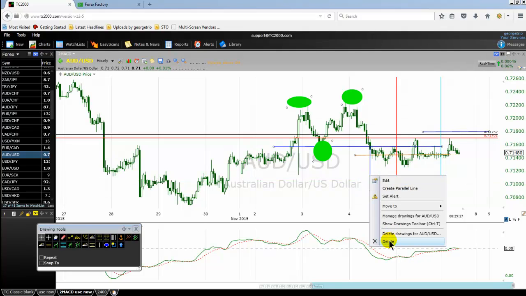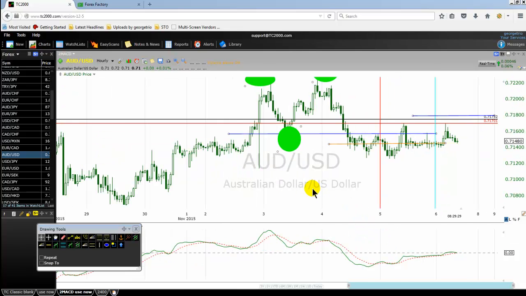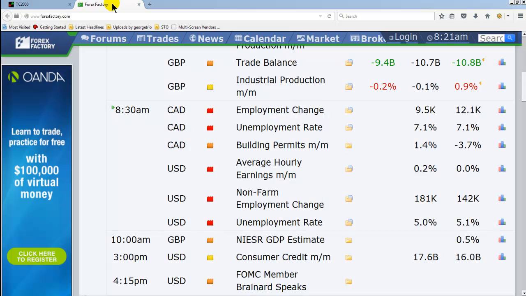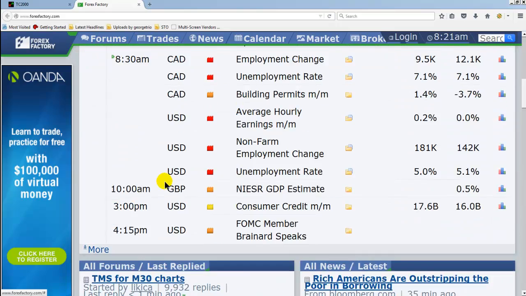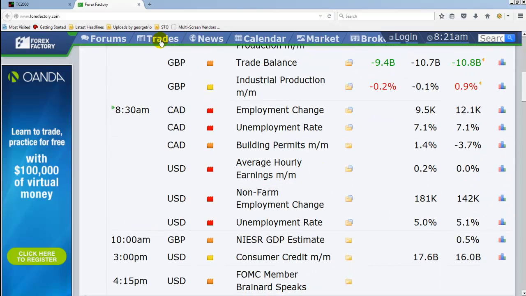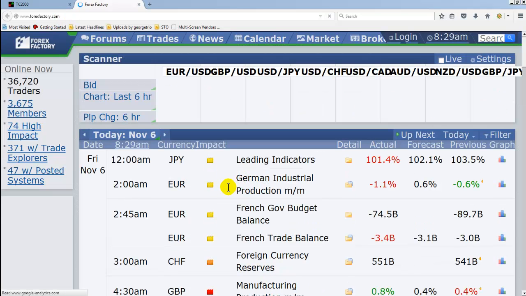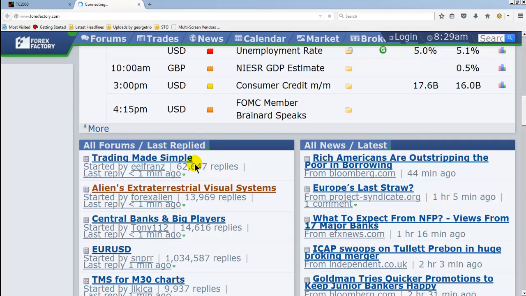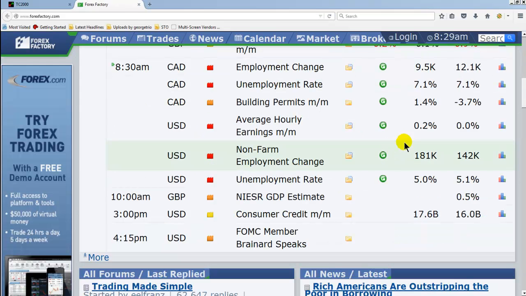And now all we are waiting for is the economic news, okay? So going to Forex Factory, I'm going to go there now. Here we are, this is it, the 8:30 a.m. Eastern Time. Let's refresh Forex Factory. You see, when you see the green one like this, you know that it's coming up soon.